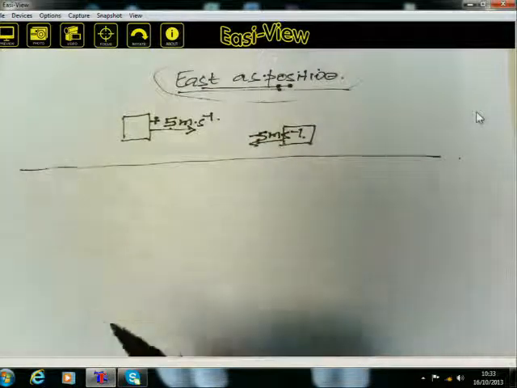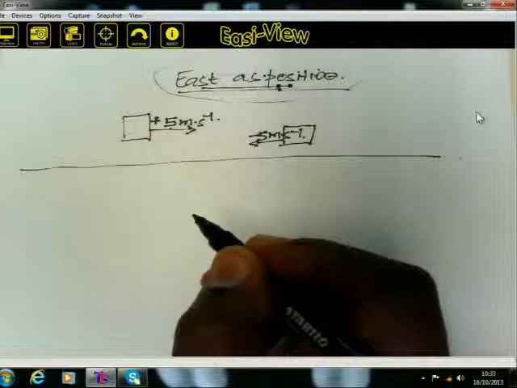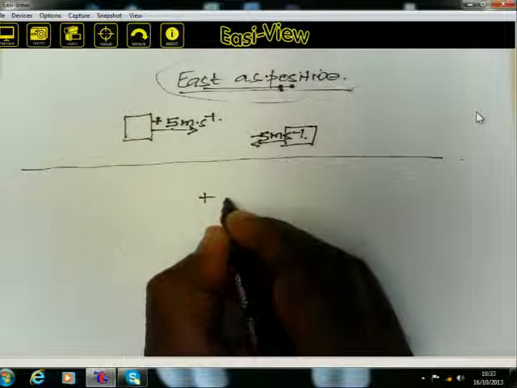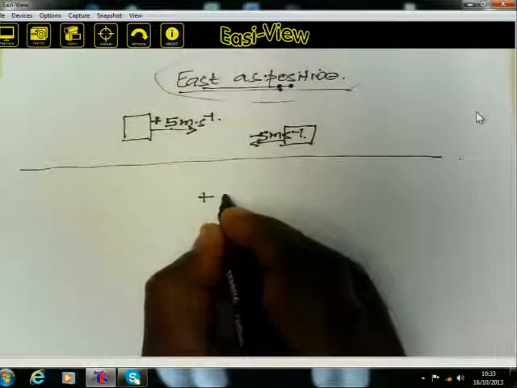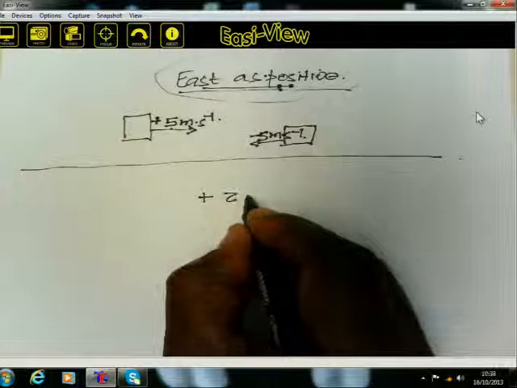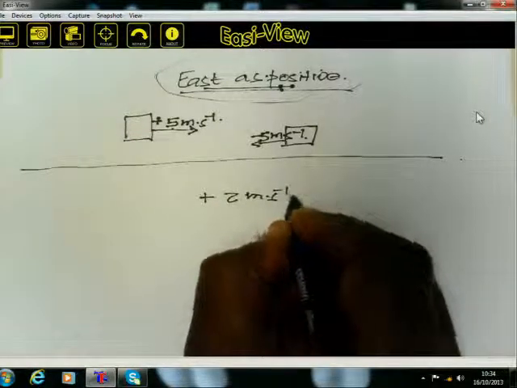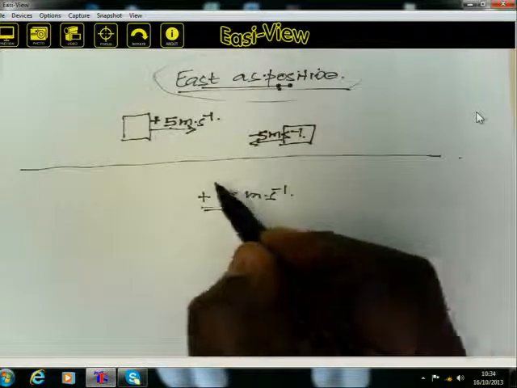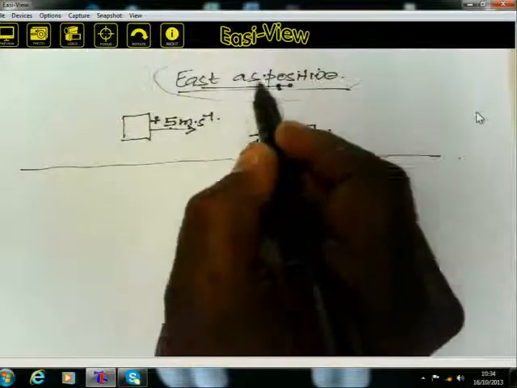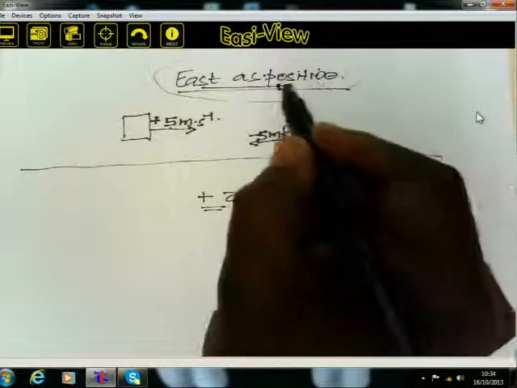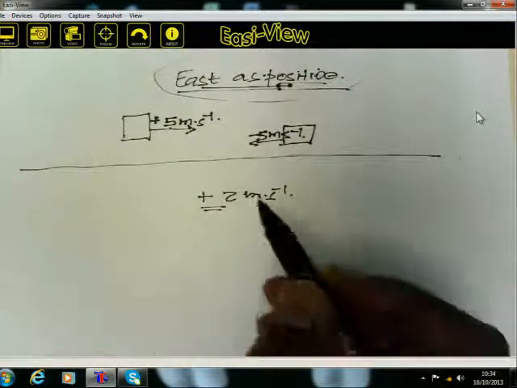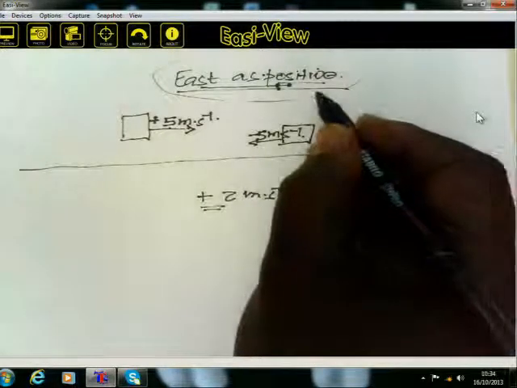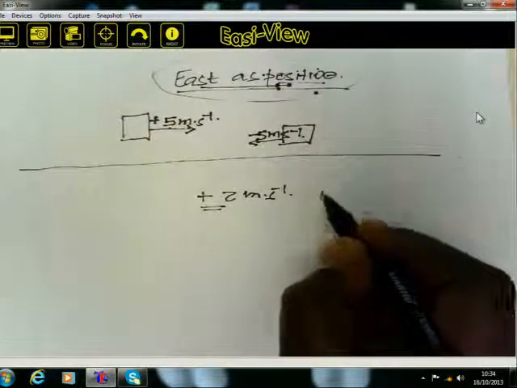Now, when you get to the final answer, remember that your final answer will either be positive. Say in this case, your final answer, if you are looking at the velocity, is 2 meters per second. If the final answer is positive, then that answer is in the direction that you chose to be positive. So that means that your object will be moving in the direction that you chose, which will be east.